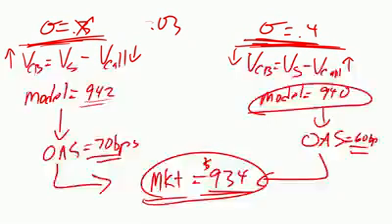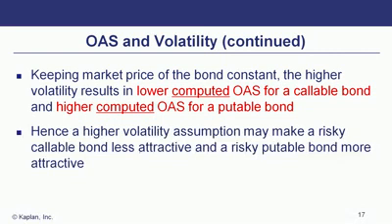God knows what the OAS is, right? But we don't know that, so it's a question of who has the better understanding of interest rate volatility. But if you look at two analysts looking at the same bond and you get different option-adjusted spreads, the likely culprit behind that difference is that they've made different volatility assumptions.